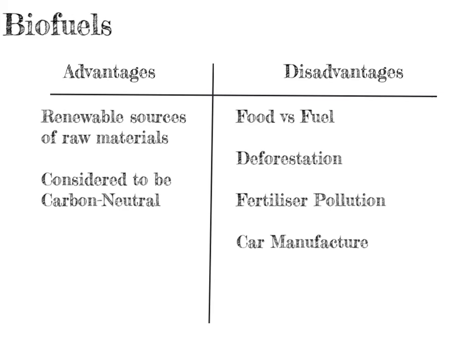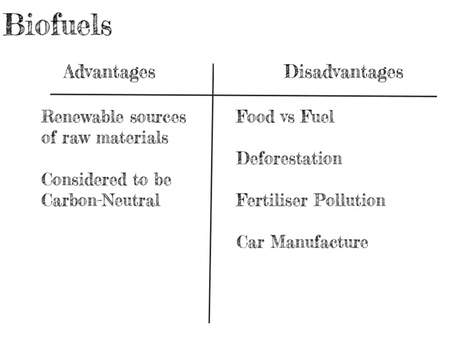Now, in terms of disadvantages, one of the main ones is the food versus fuel debate. So if you are growing crops to be able to later burn as a biofuel, then the space you're using to grow those crops could be used to grow crops for food, to feed lots and lots of people.